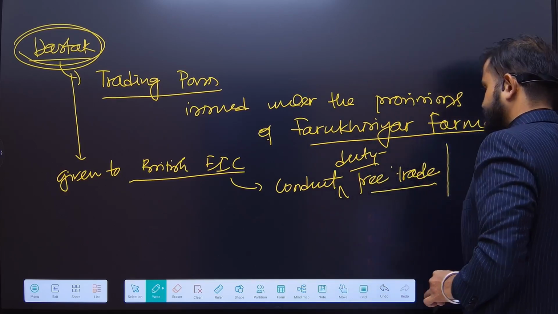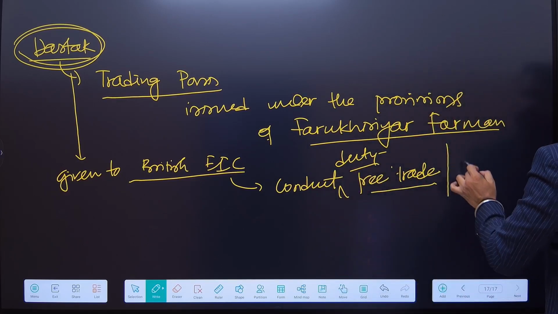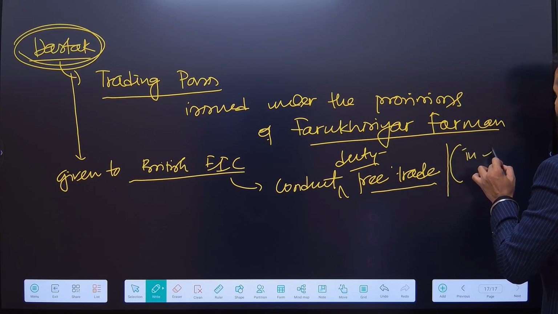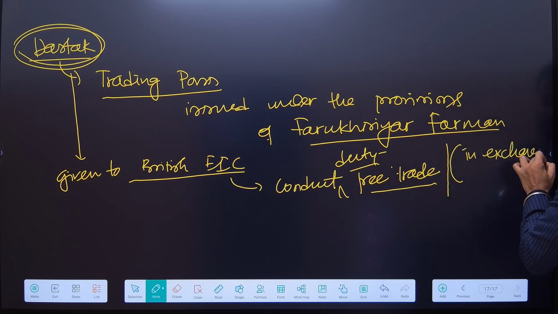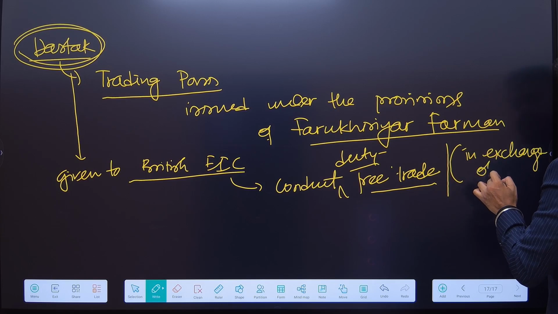Next point. In bracket you can write down, in exchange of a fixed annual payment.